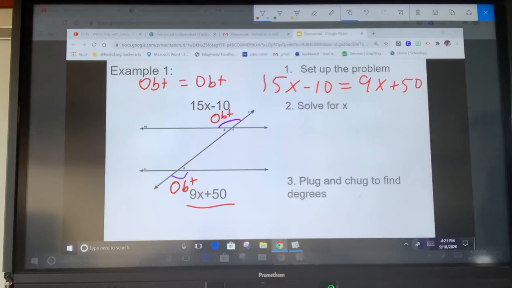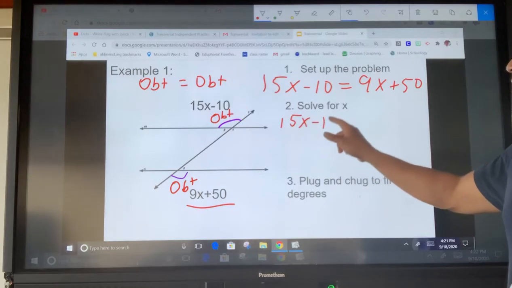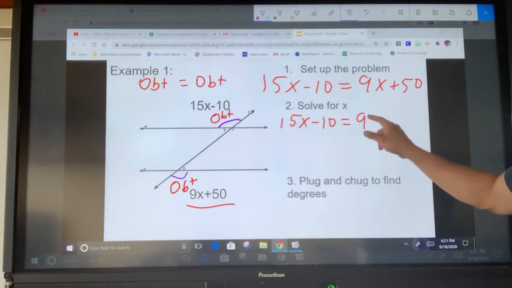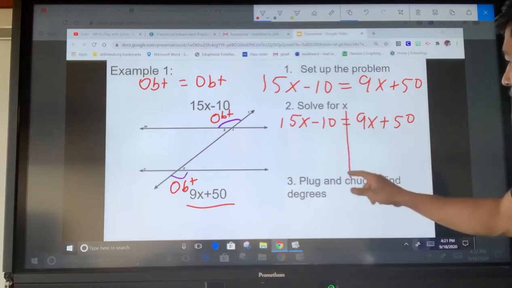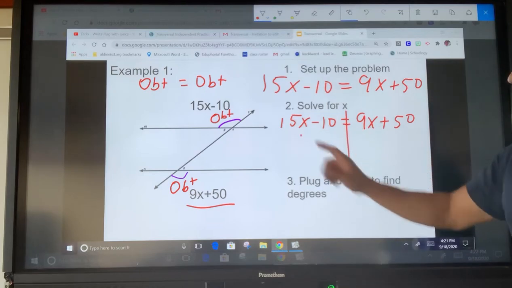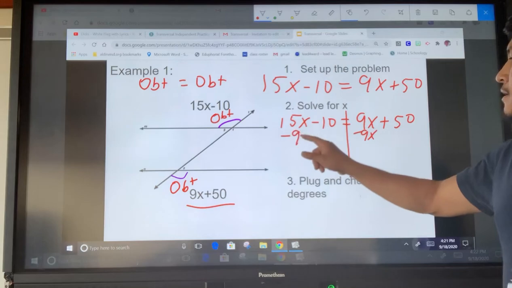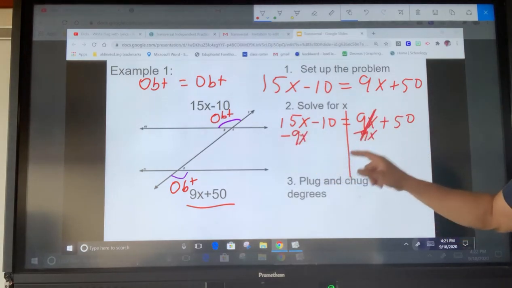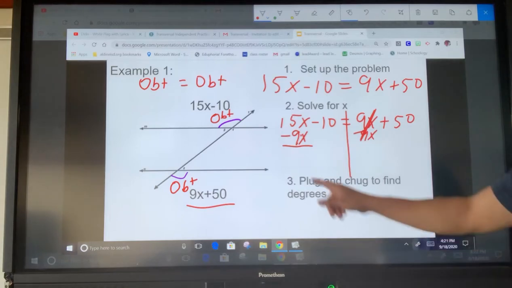Now you've seen equations before. The part that's new is setting it up. Let's go over it real quick. And again, if I'm going too fast, just pause it at any moment and take notes. We look at which x value is smaller, so minus 9x on both sides. This crosses out. 15x minus 9x is 6x.